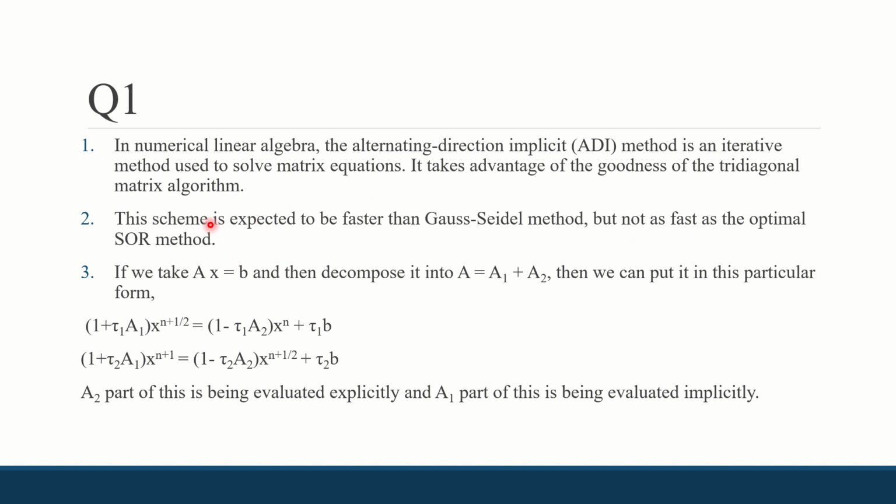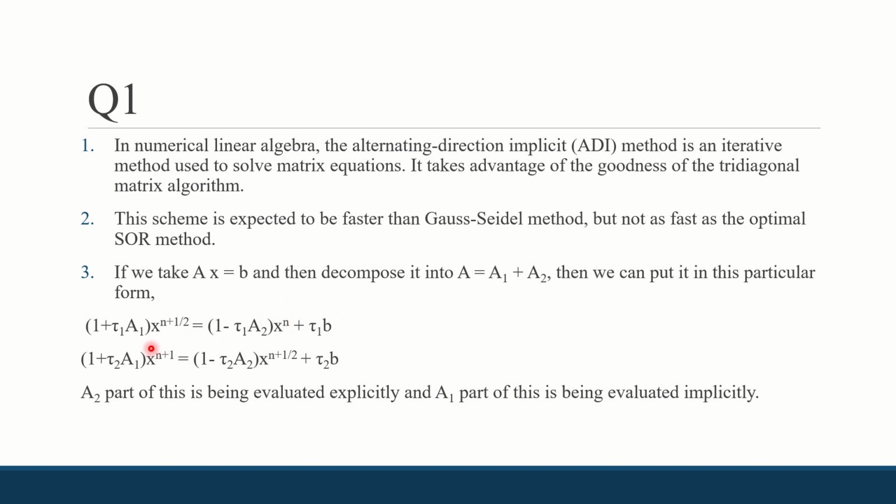So if we take the form Ax = B, we decompose it into A = A1 + A2. Then we can put it in this particular form: (1 + tau1 A1) x^(n+1/2) = (1 - tau1 A2) x^n + tau1 B. Here this one is at the n plus half time step, and this is at the nth time step.